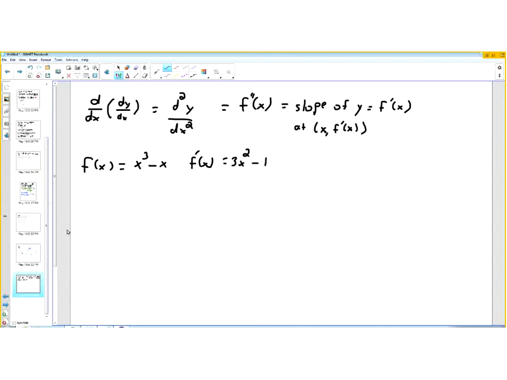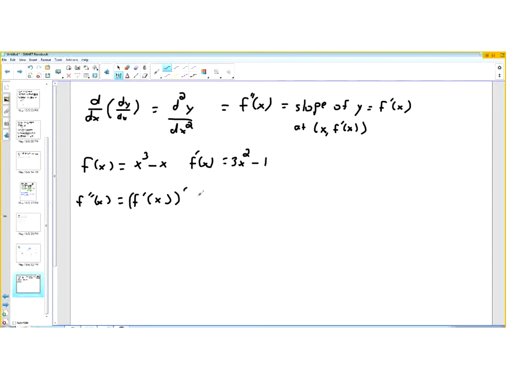So let's calculate the second derivative. And so again, we have to use the definition of the derivative because the second derivative is the derivative of the derivative.